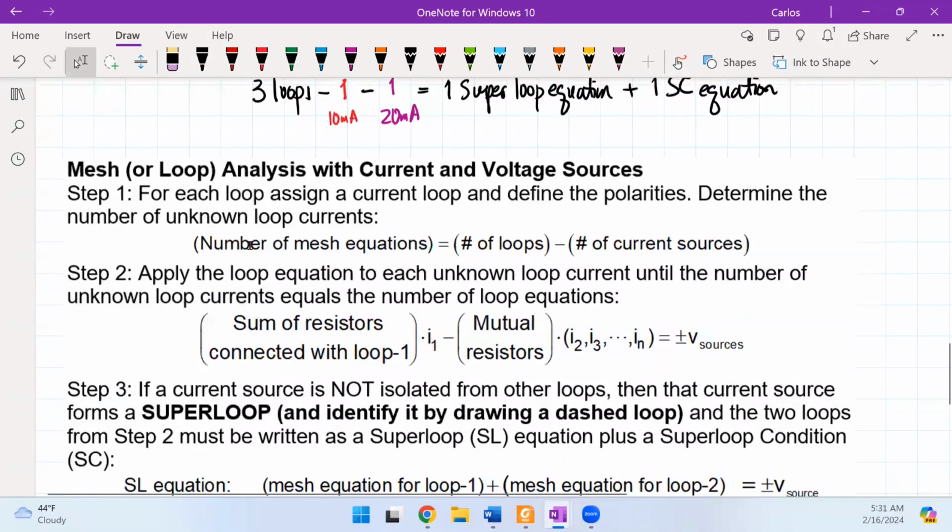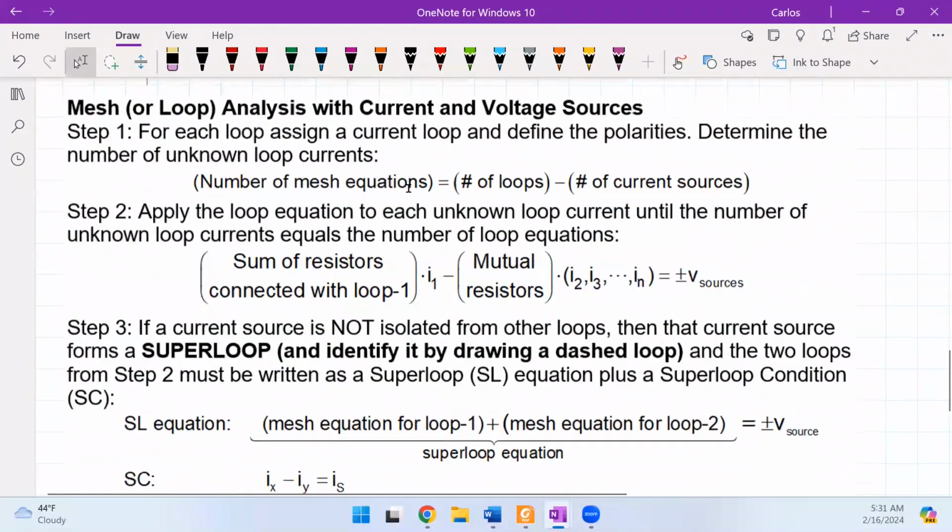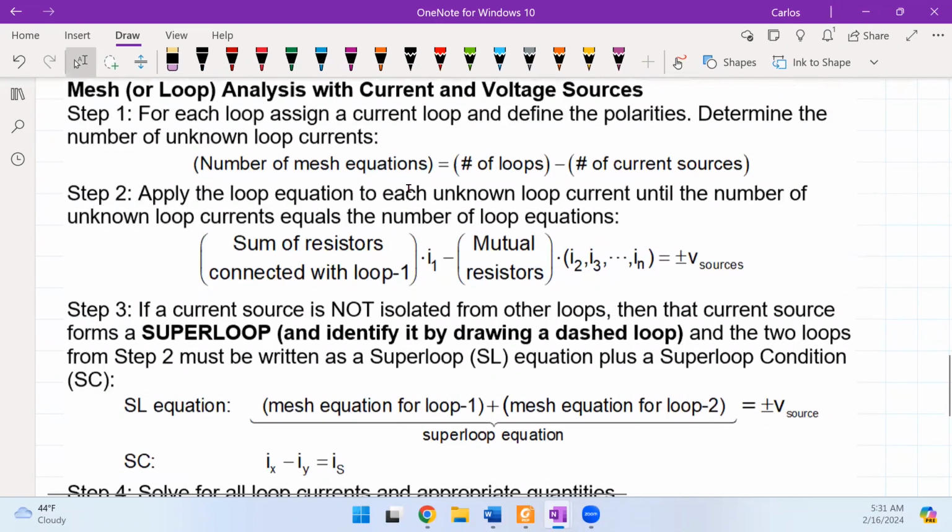That is, the number of loop equations has to be the number of loops minus the number of current sources. Now we apply the loop equation to each unknown loop current. This is what we've been doing up to now, a regular loop equation.